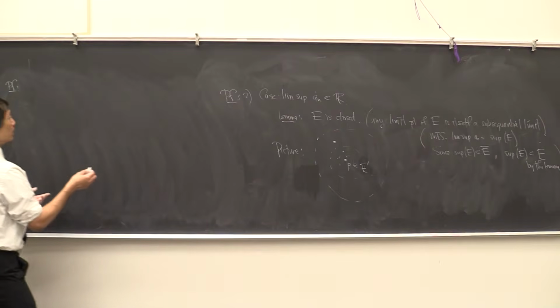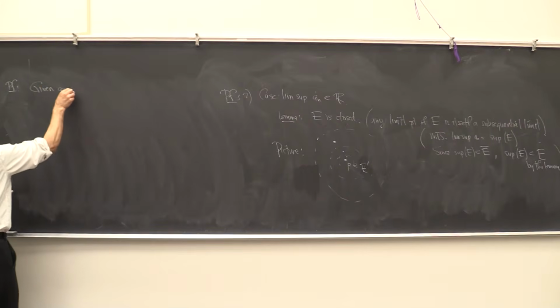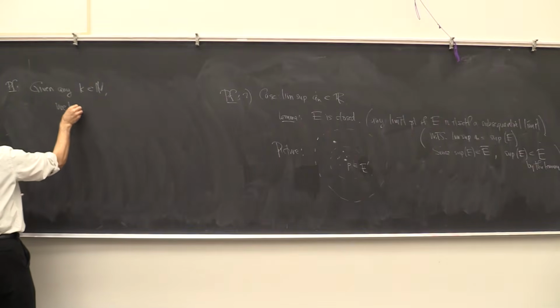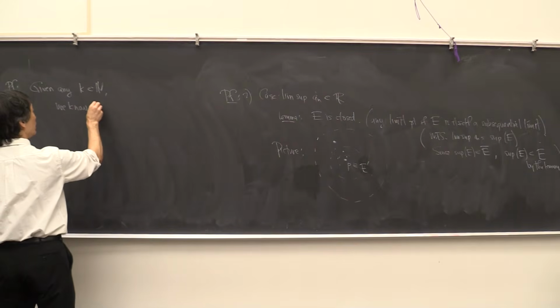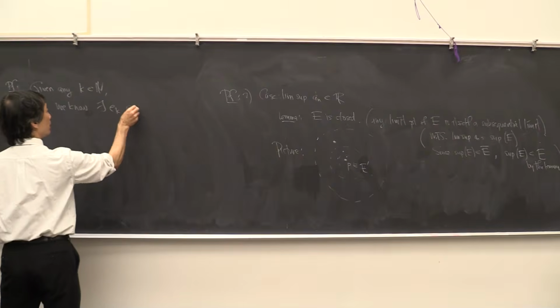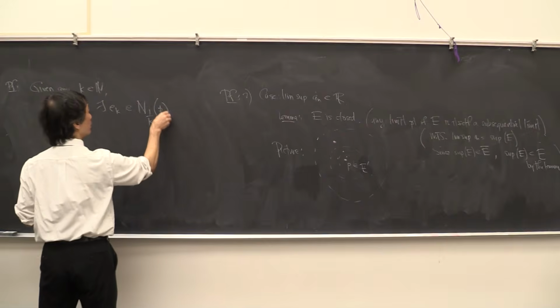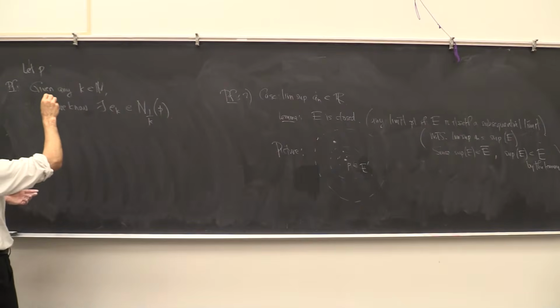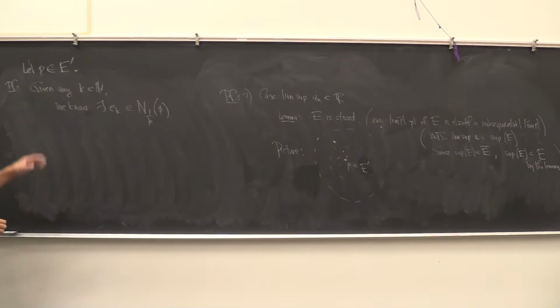Yeah. So let's see if we can write that down now. Given any k in N, we know there exists some e sub k in the 1 over k ball around P. So let P be a limit point of E. That should be a punctured neighborhood, right?